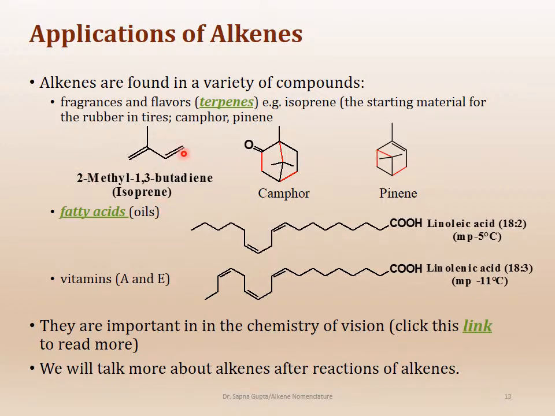This is called isoprene, and isoprene belongs to the class of compounds called terpenes. It doesn't have to have 2 double bonds, but the skeleton is like isoprene. These compounds are very fragrant. They have all sorts of nice odors, and they're usually used in the perfume industry.